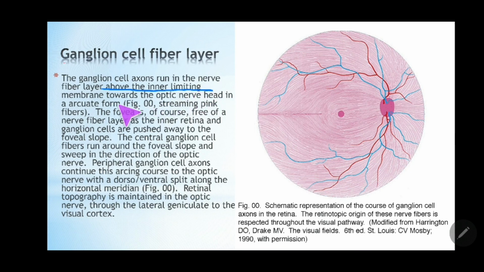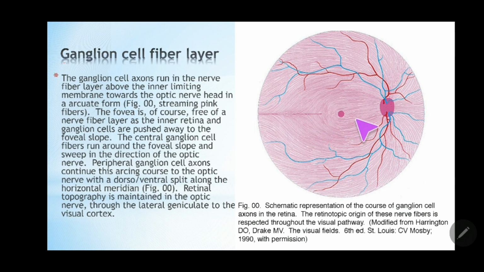So these fibers run in this ninth layer and converge to the optic nerve head in the arcuate form. This is the arcuate form. That I already told you. Referring to this figure, you can see the streaming out pink fibers.